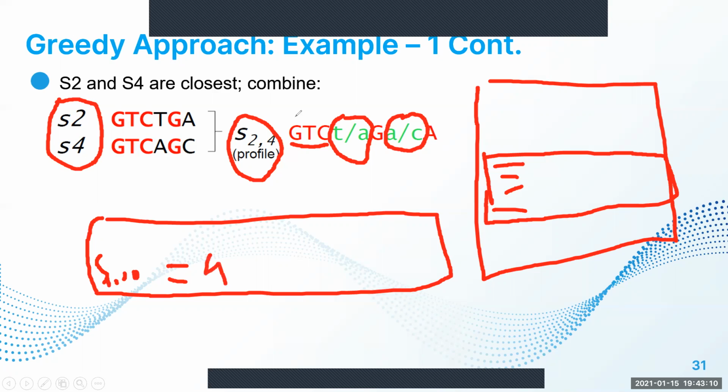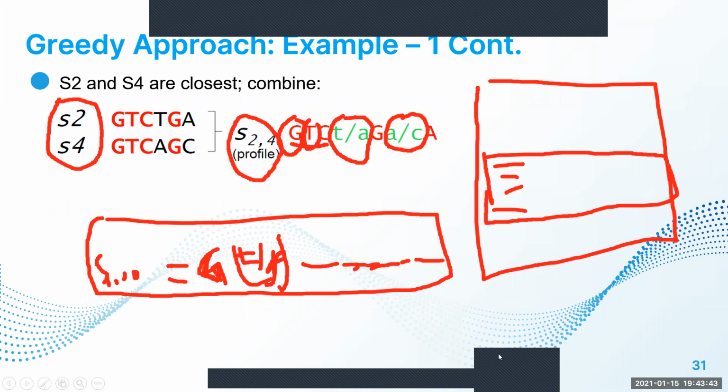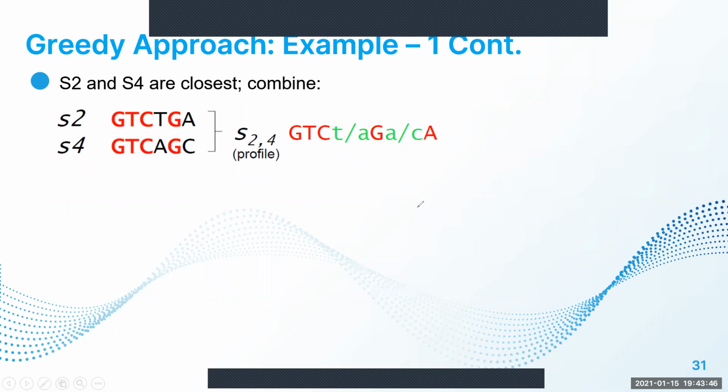If G is conserved in all 10 sequences, then it is written as G. Suppose you have 2 options for the second column, then you write those two options. Like that, you can construct the profile by aligning these pairwise alignments. Are you okay up to now? It's just a representation.